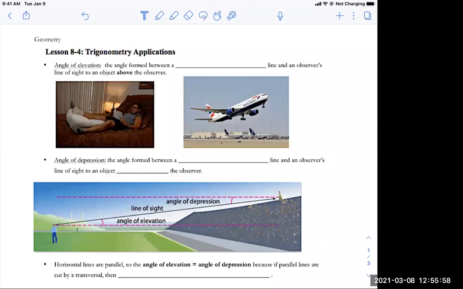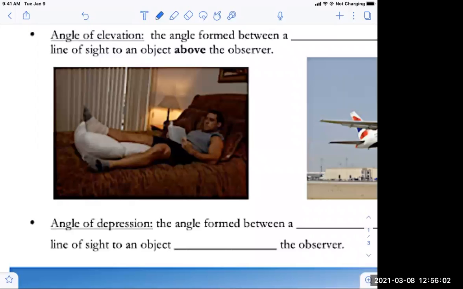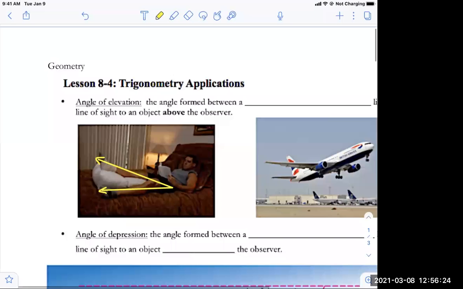You might have heard this before, for example, maybe in physics, if you've had physics or any similar type of science problem. An angle of elevation means that, like how this guy is elevating his leg, elevating his foot, if you were to look at the horizontal and raise your eyes up, that forms an angle of elevation.